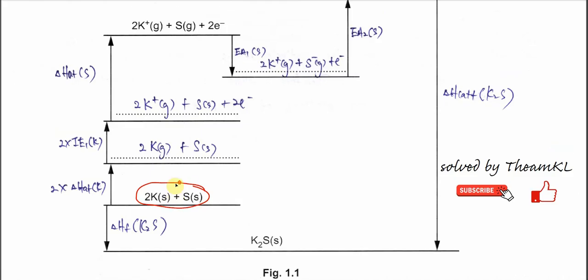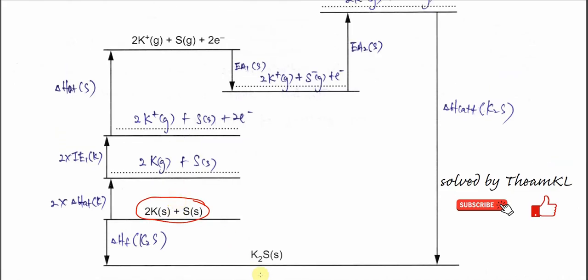After that, let's move up. The first one is the atomization of potassium. From the potassium solid to form the gaseous atom, it's 2 times the atomization of potassium because it's 2 moles here.